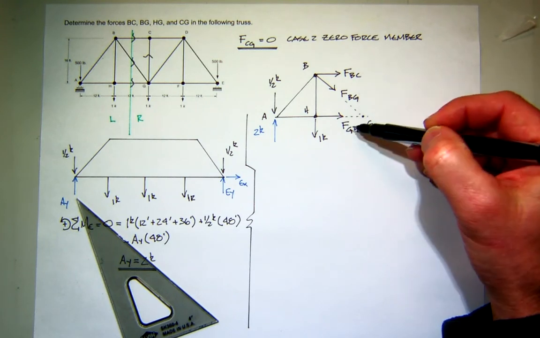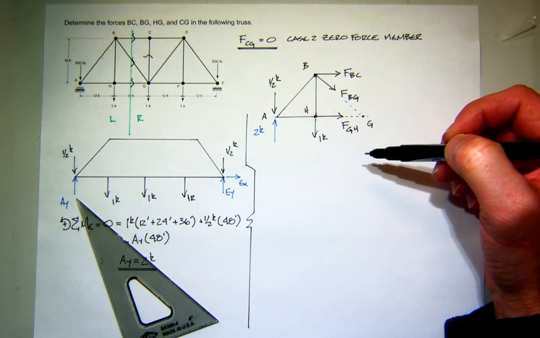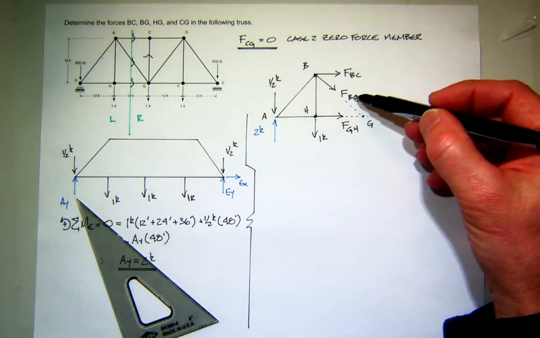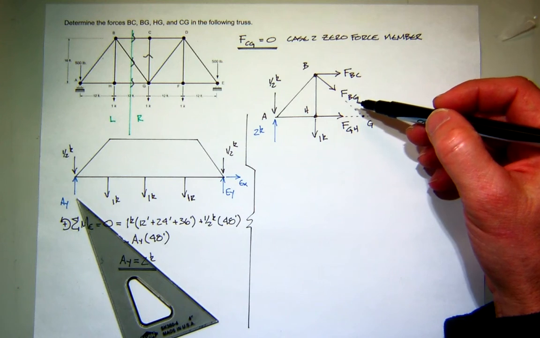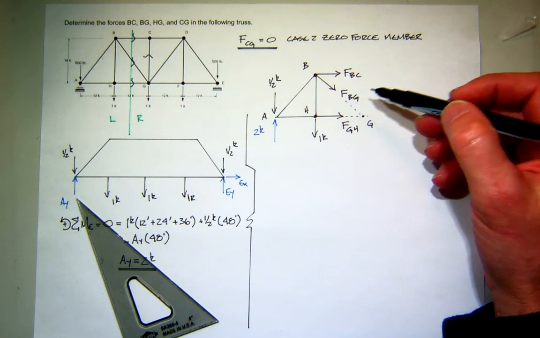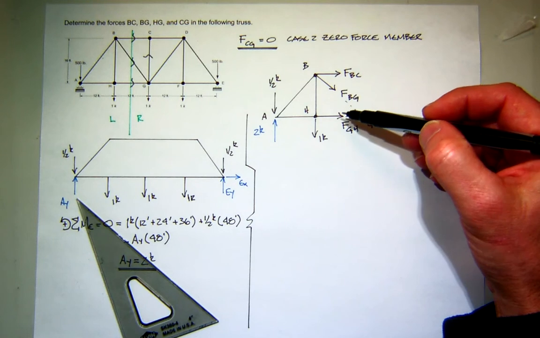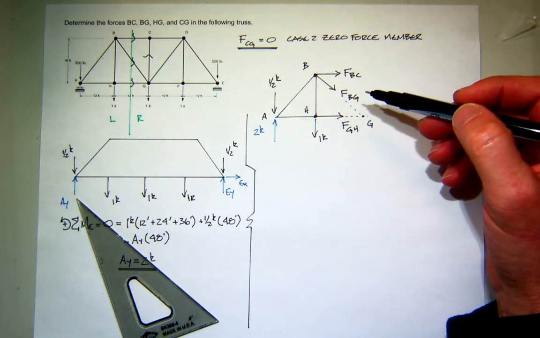Now BC and GH are only in the x direction, so I don't probably want to sum forces in the x direction because I'd have to use both of those values to find BG. You could, and you should be successful, but in the exam, probably the safer bet would be to sum forces in the Y, because BG is the only thing with a Y component.